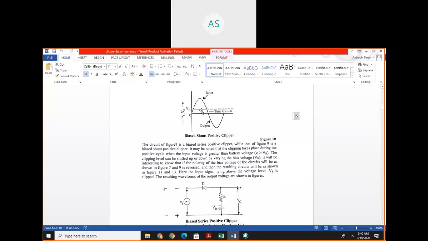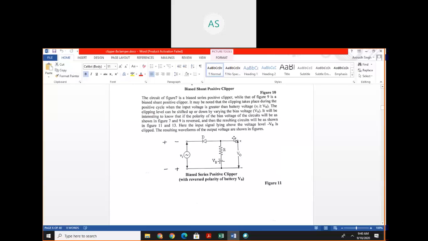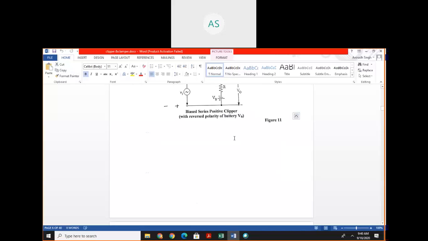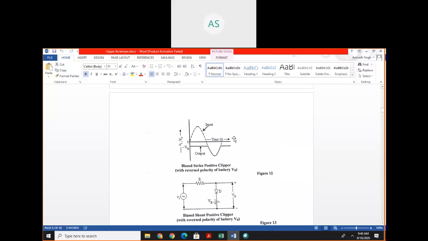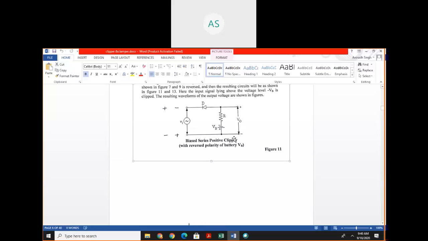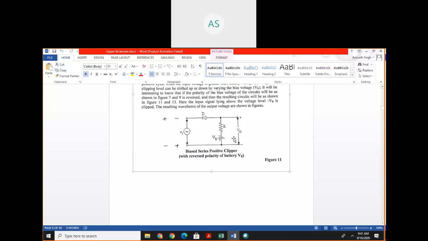So when the value of input voltage is less than VB, output follows input, and when the value of input voltage is greater than battery voltage, in that case we get a constant value of voltage which is equal to VB. So some portion of output voltage is cut off, so it is known as shunt positive clipper.